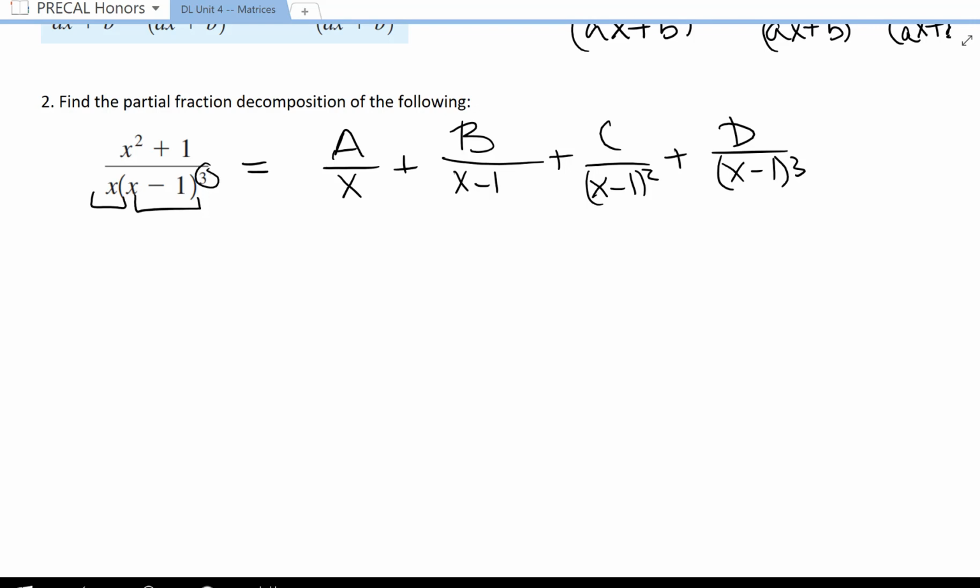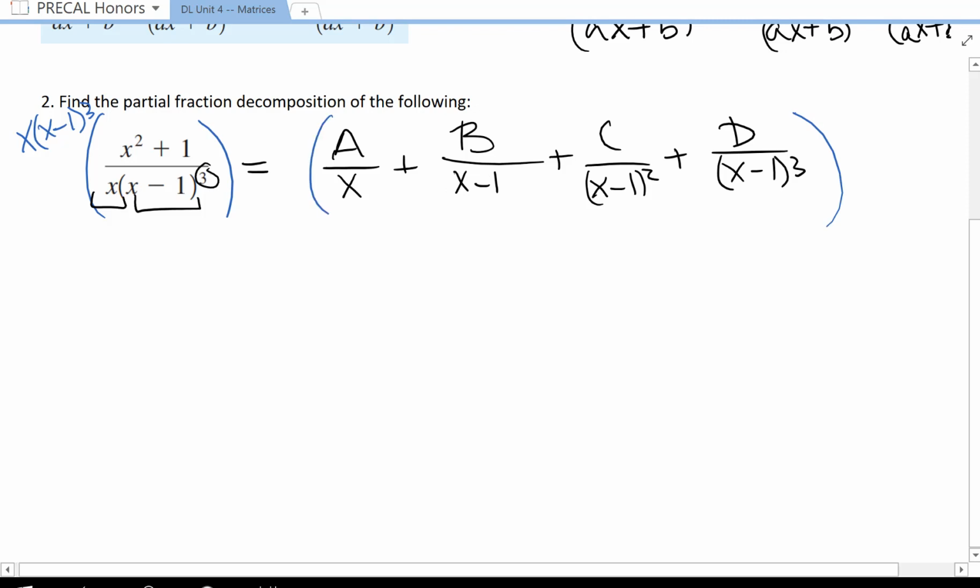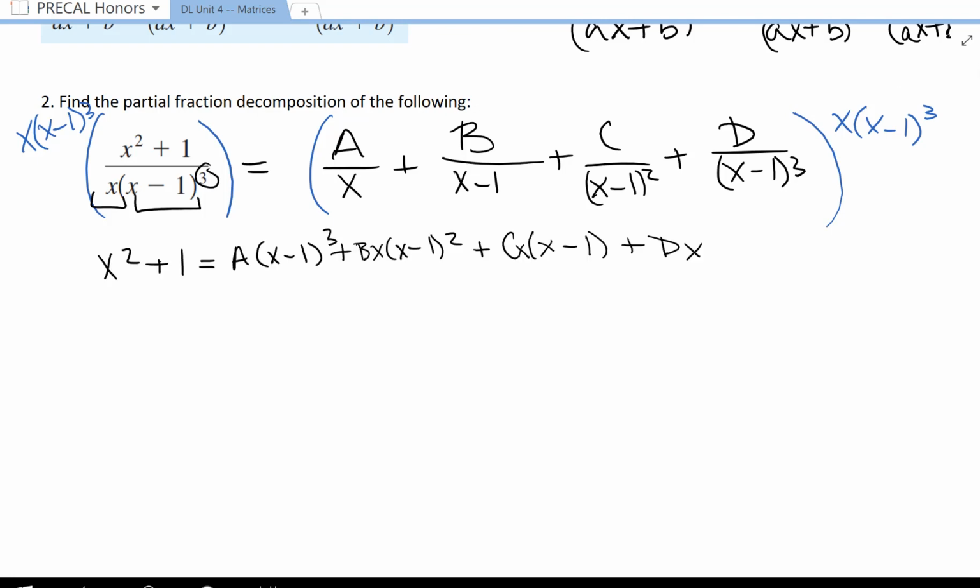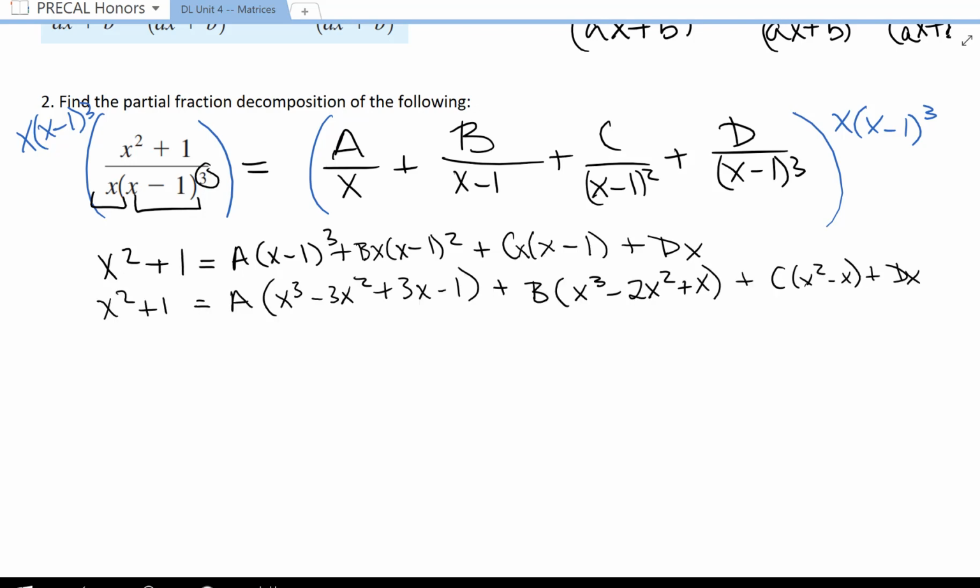Then we're going to multiply both sides by our denominator, q of x times x minus 1 to the third. Go ahead and pause it and take a moment to do that while I do it too. Now go ahead and pause to take a minute to expand all of this. Alright, let's take a moment to let that sink in, okay, and to check.